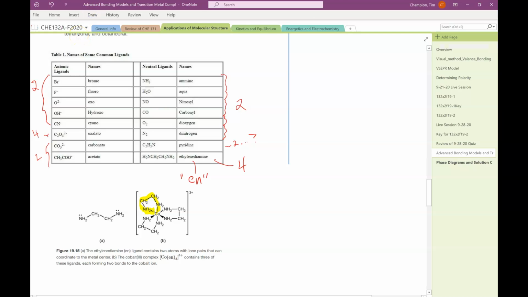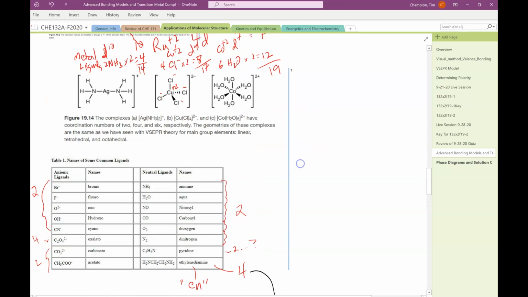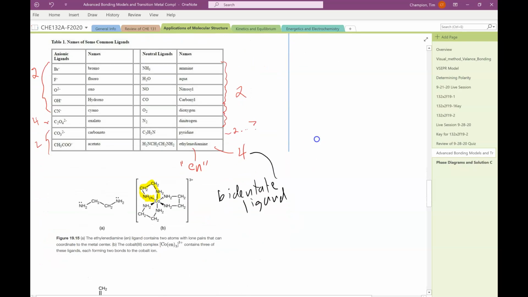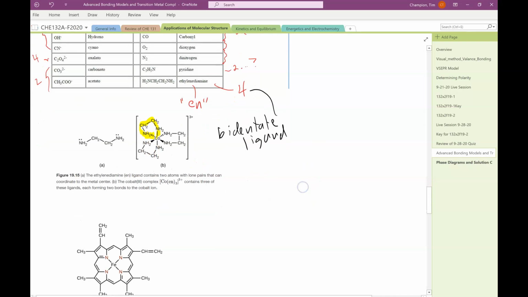So the typical name here is that we'd say this is a bidentate ligand, which again goes with that 4, occupies 2 coordination sites. All of these are monodentate ligands, which means they only occupy 1 coordination site. They donate 2 electrons. So dentate from biting the metal, and then how many times it does. And of course, the things that are bonding to the metal here are these lone pairs. That's where the electrons come from to bind to the metal.